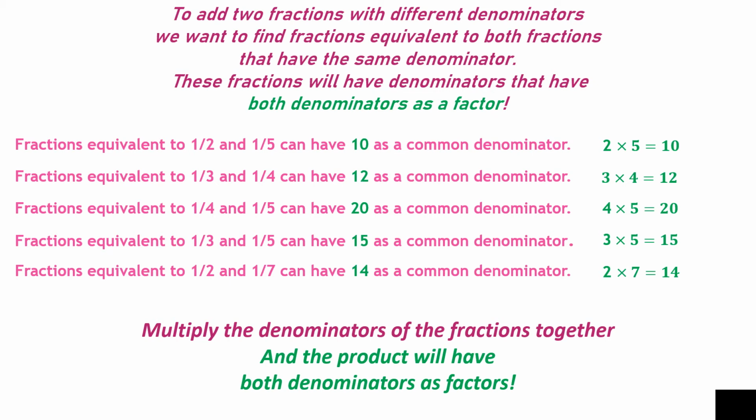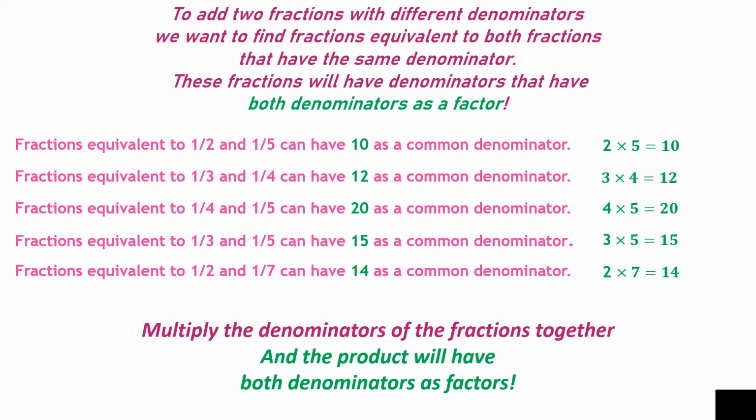Suppose we wanted to add 1/3 and 1/4. We should find a common denominator that has both 3 and 4 as factors. In other words, 12 could serve as a common denominator for both thirds and fourths. How about fractions equivalent to 1/4 and 1/5? Well, they could share a common denominator of 20, because 4 and 5 are factors of 20.